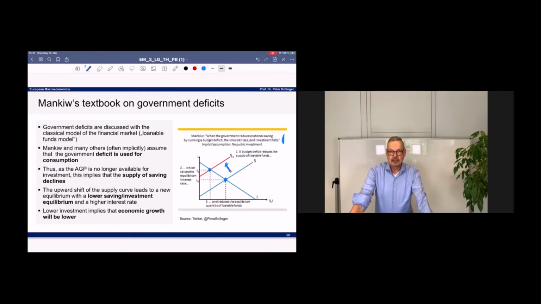But this is exactly a case when some ideas are floated by textbooks, by some economists, and suddenly these ideas get a momentum of their own. And then they find their way into the constitution. And for Germany, this constitutes a major problem.